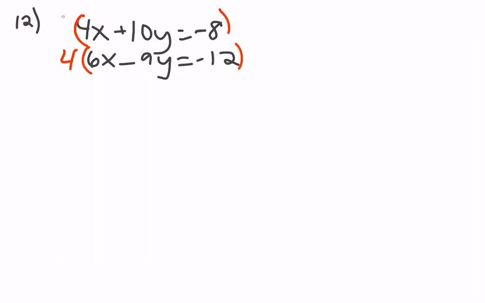So the bottom one gets the 4, the top one gets the 6. Is there something that goes into 6 and 4? Yep, 2. So 6 divided by 2 is 3. 4 divided by 2 is 2, and now we're going to distribute those.